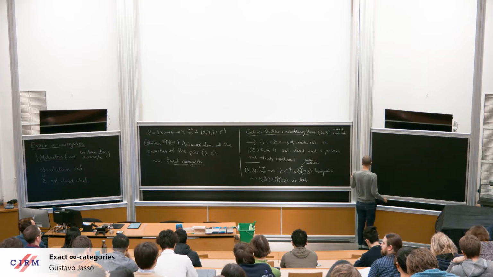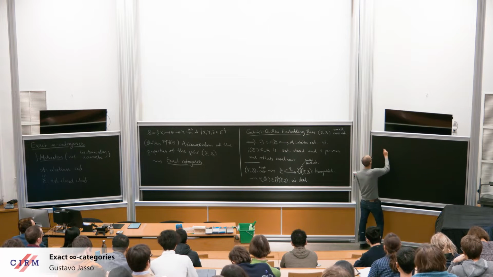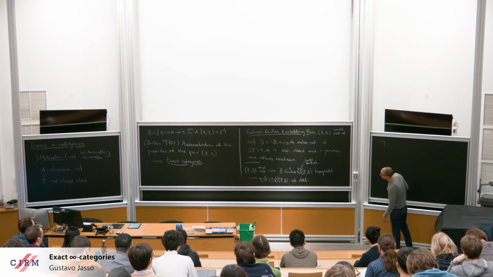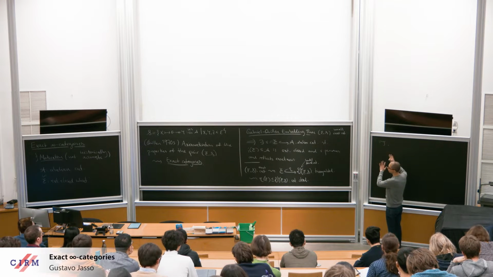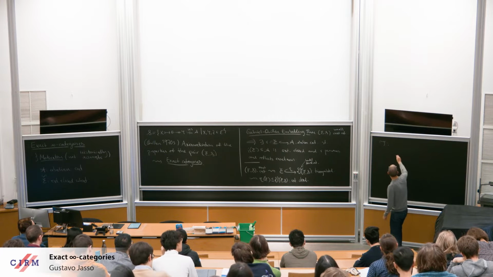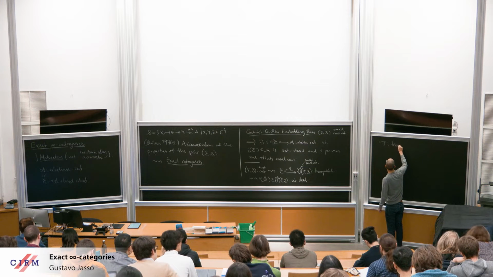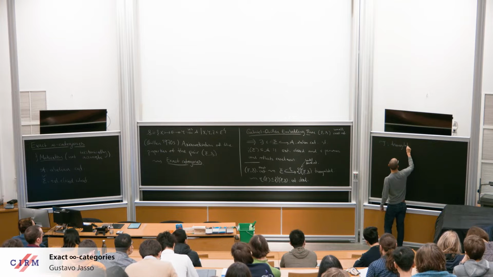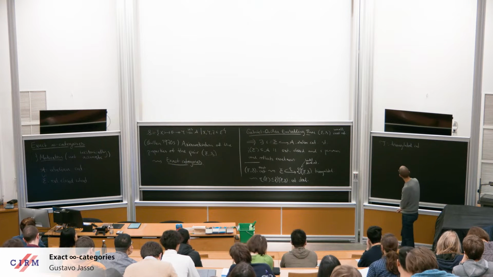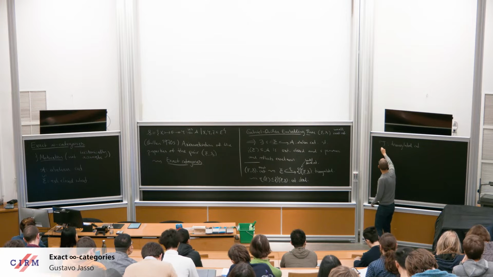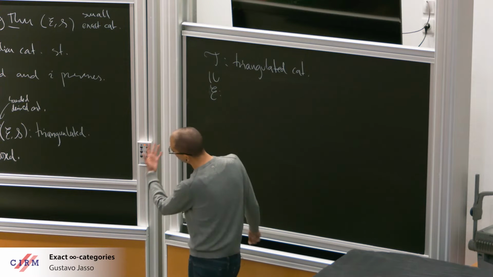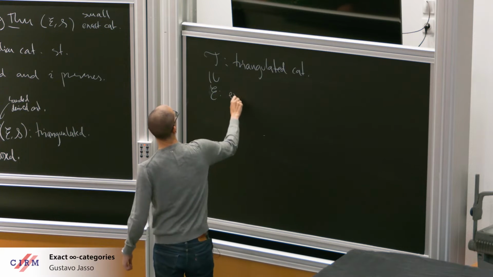So I might abstract this a little bit further. It's a kind of variant of the setup. I begin now with a triangulated category T, and then with an additive subcategory E which is extension closed.